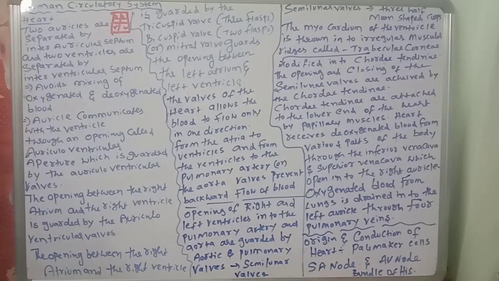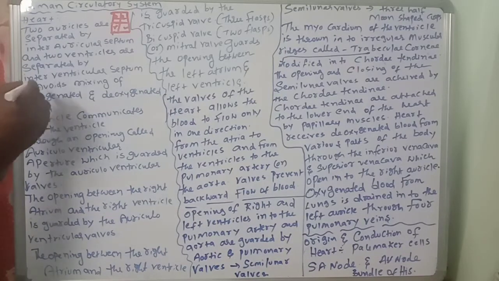Another important point to remember is that because of these septums, the oxygenated blood and deoxygenated blood will not be mixed. The right side deoxygenated blood and left side oxygenated blood will not mix. So the septums avoid mixing of oxygenated and deoxygenated blood. What is the function of these septums? The interauricular septum and interventricular septum won't allow the mixing of the blood.